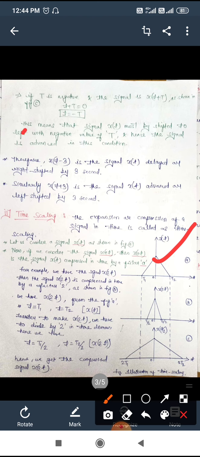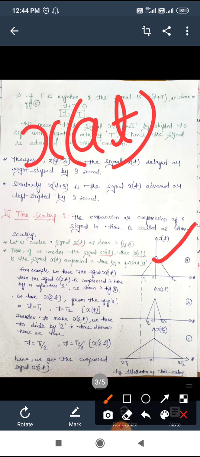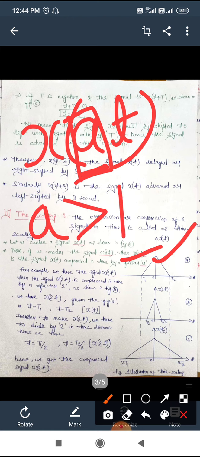Here we have taken a standard equation, x(a t), where a is nothing but a scaling factor. Depending upon this value, either your figure x(t) is expanded or compressed. If a is greater than 1, in this case your figure must be compressed by the value a.